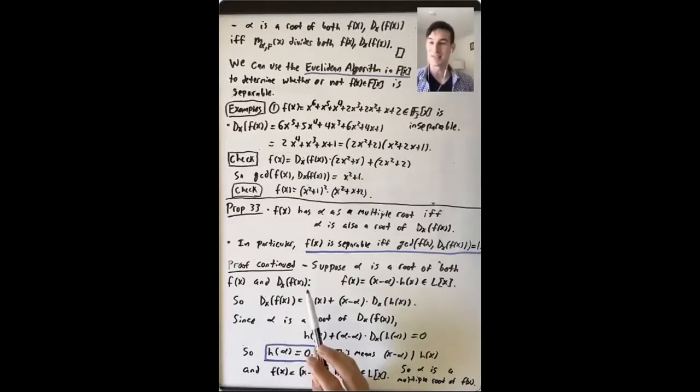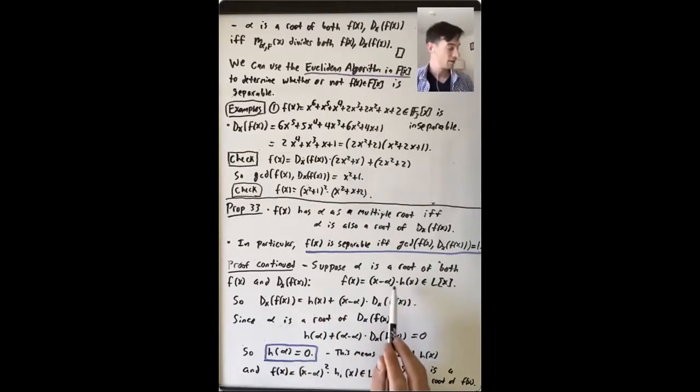So let's keep this notation that L is going to be a splitting field for f of x over F. We know that alpha is a root of f, so we can write f of x as x minus alpha times some polynomial h of x in L bracket x. So let's use the product rule to write down the derivative of f of x.